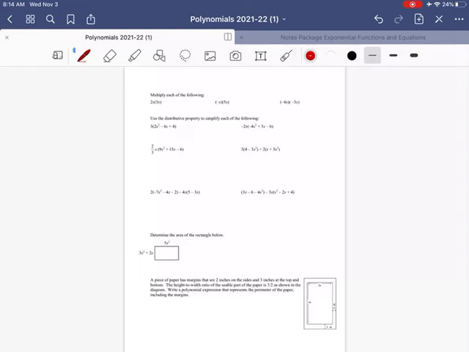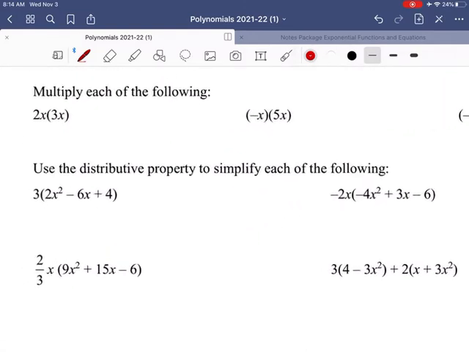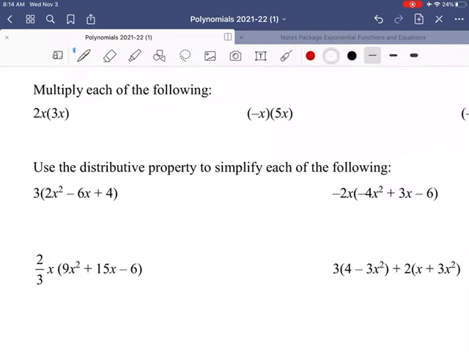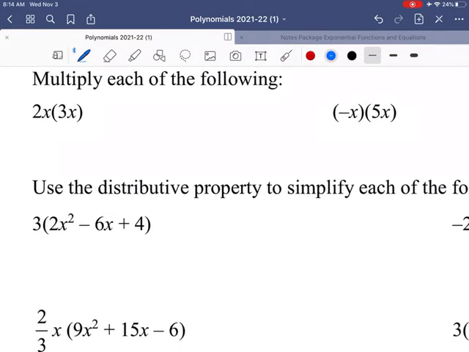So instead of drawing out the whole thing, let's do it algebraically. Okay, so we're going to multiply the coefficients and we're going to multiply the exponents. So what we're actually doing here is multiplying the coefficients and multiplying the exponents. So 2 multiplied by 3 is 6, and x multiplied by x gives us x squared.